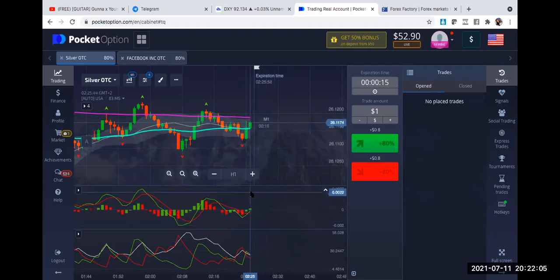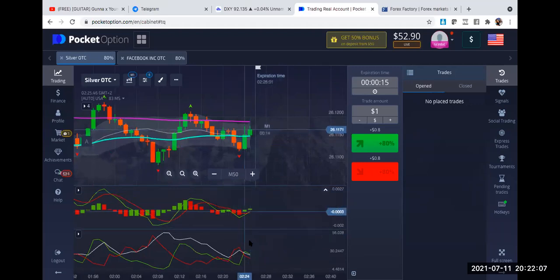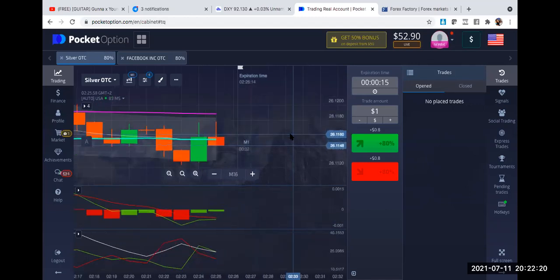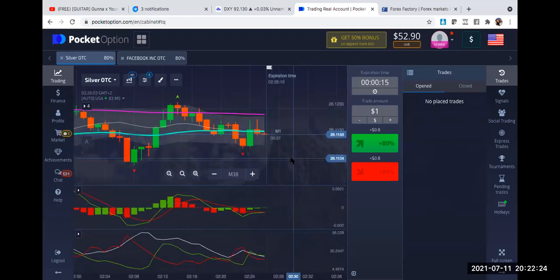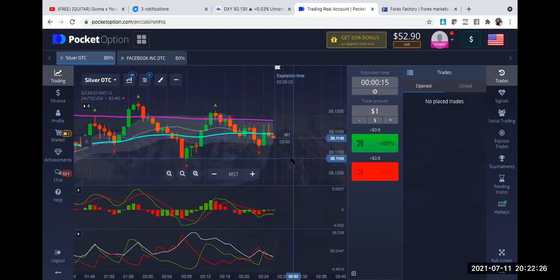Like we talked about with the signal line for the MACD, the signal line is telling me exactly what's good with the candlesticks. Look at the signal line in real time, telling me it's consolidation.